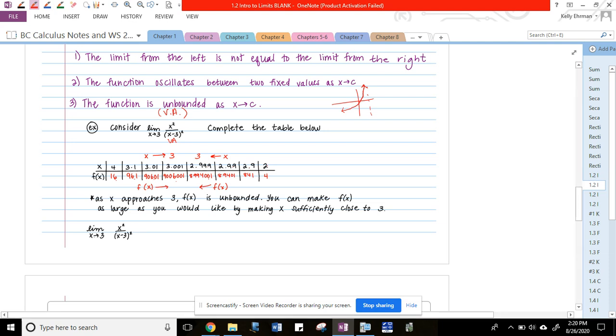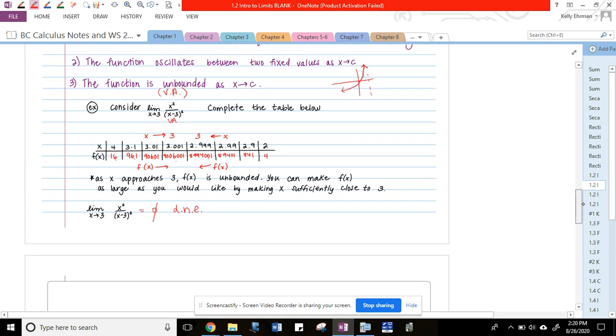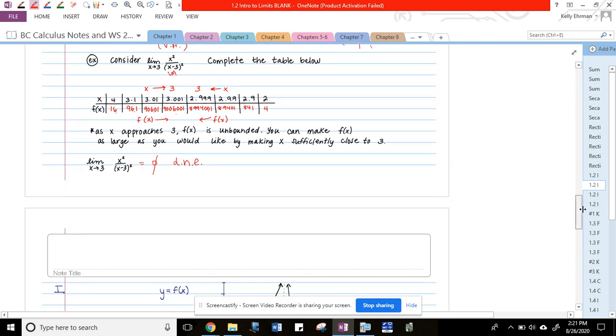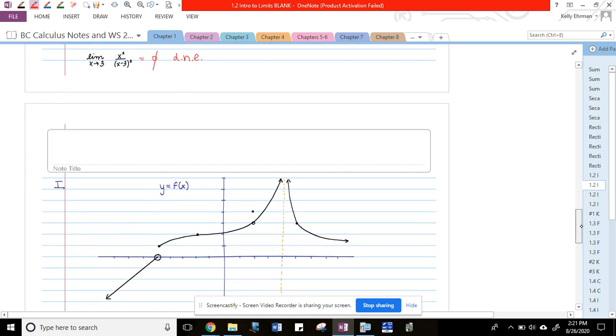So what is the limit as x approaches 3 of x squared over (x minus 3) squared? We can write no solution. We can write does not exist. You might see the DNE thing on my homework. On the AP test, these are mostly going to be multiple choice type questions, so they will probably write out the phrase does not exist.